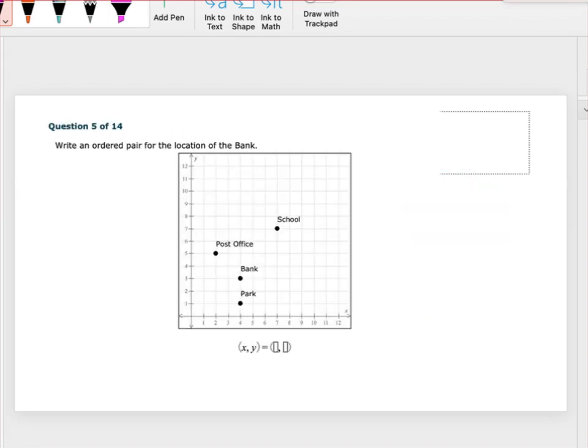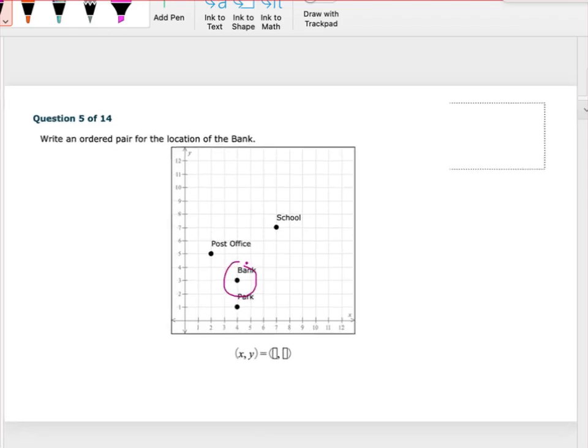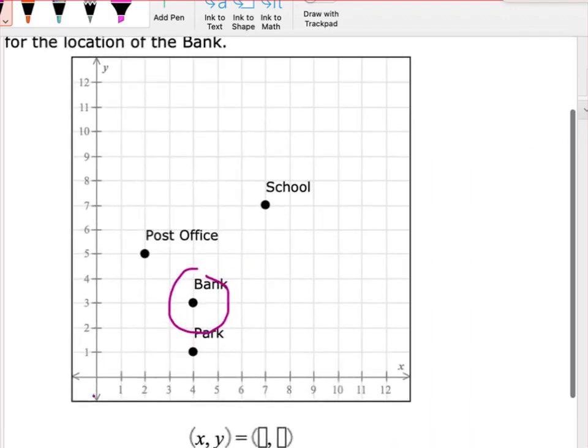So now let's go to number 15, and we write an ordered pair for the location of the bank. The bank is right here. Okay, so let's see if I can zoom this up a little bit.